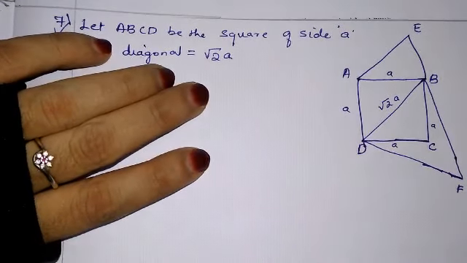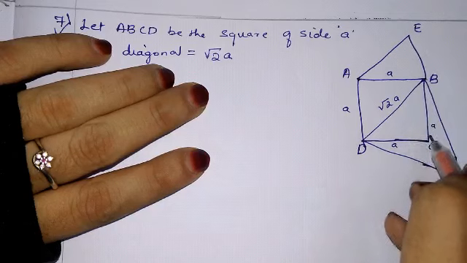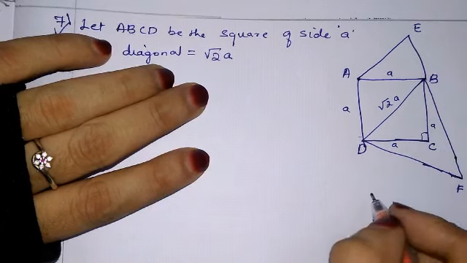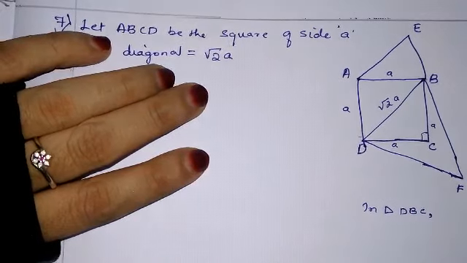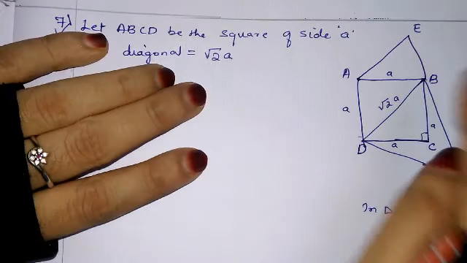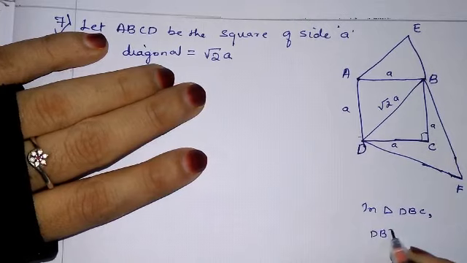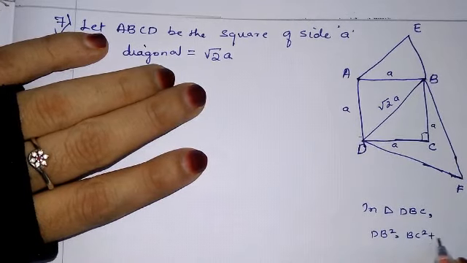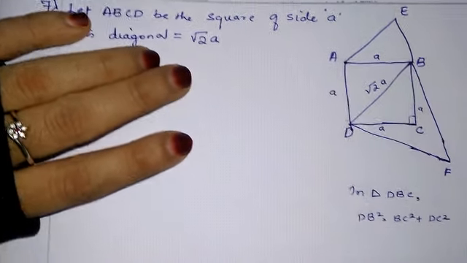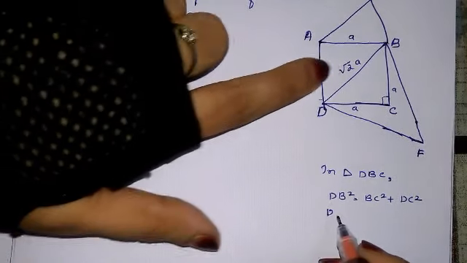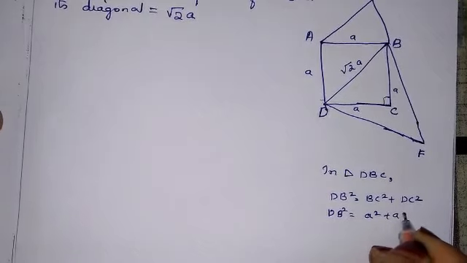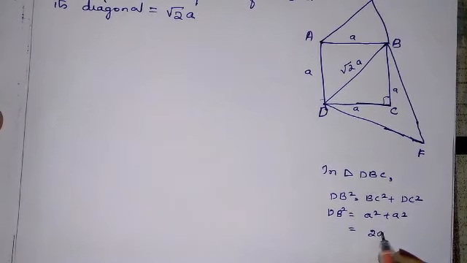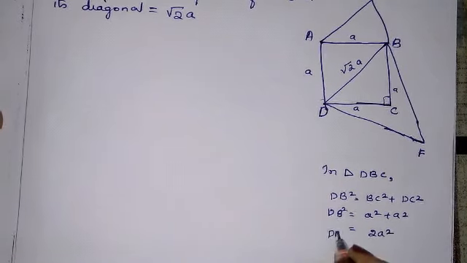I'll do it in rough here. We can see this is a right angle triangle. In triangle DBC, you have learned the Pythagoras theorem statement: DB square is equal to BC square plus DC square. DB we don't know, so DB square is a square plus a square, which is 2 a square.